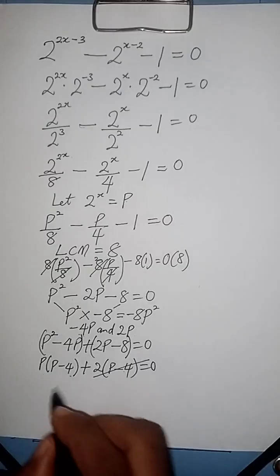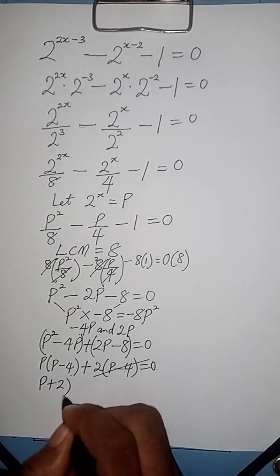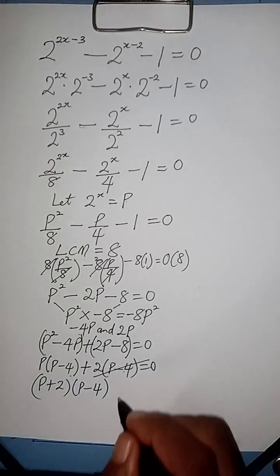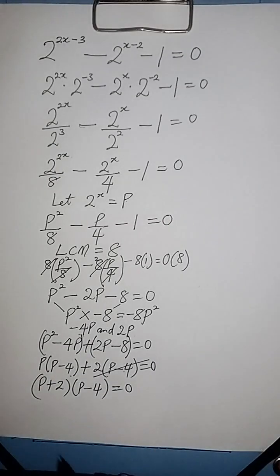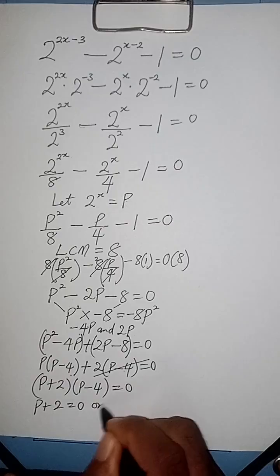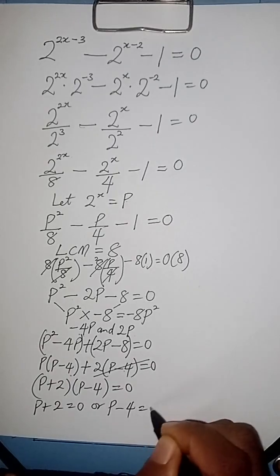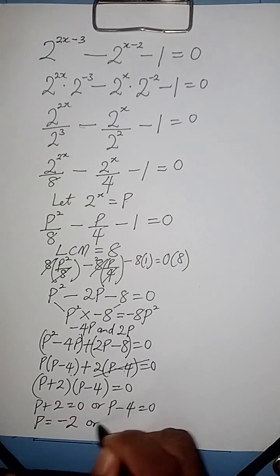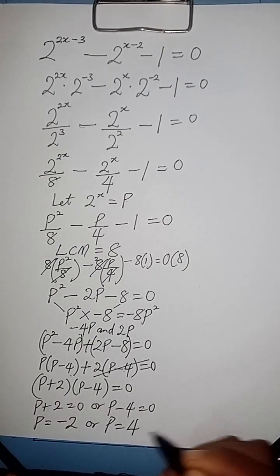So you take it out and you have p plus 2 and p minus 4 equal to 0. So at this point, p plus 2 equals 0, or p minus 4 equals 0, which gives p equal to minus 2 or p equal to 4.